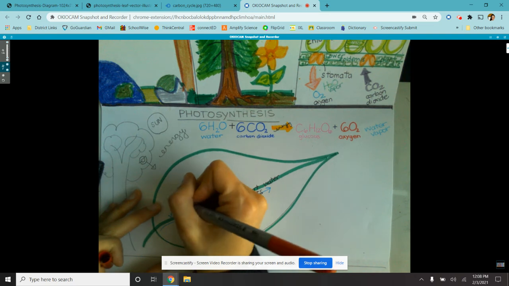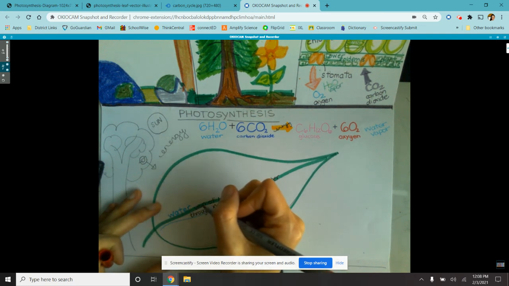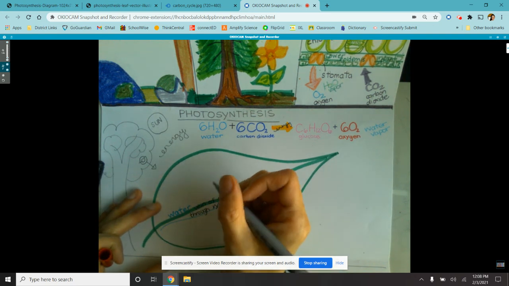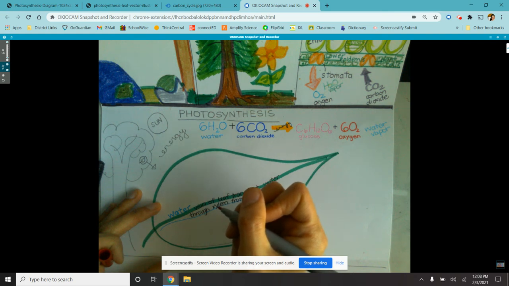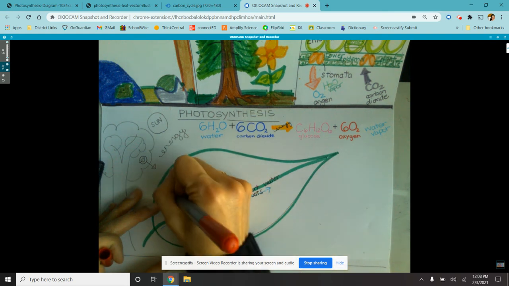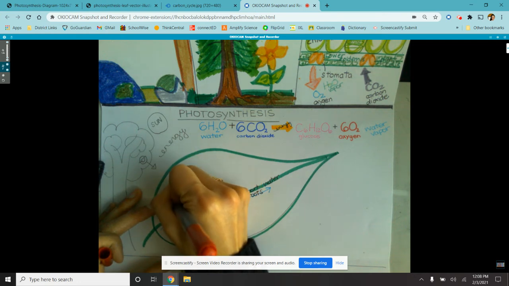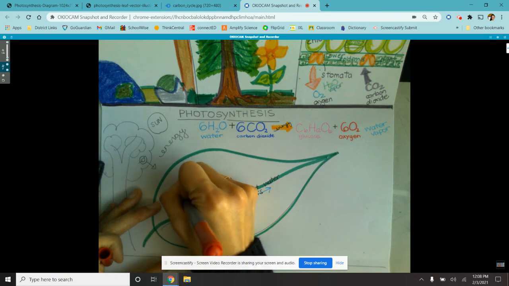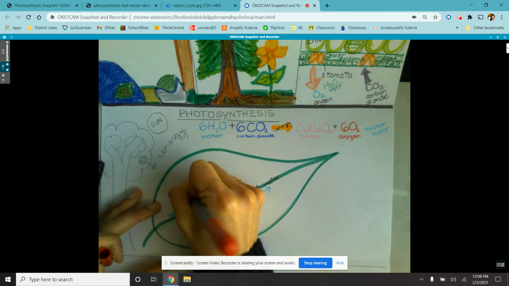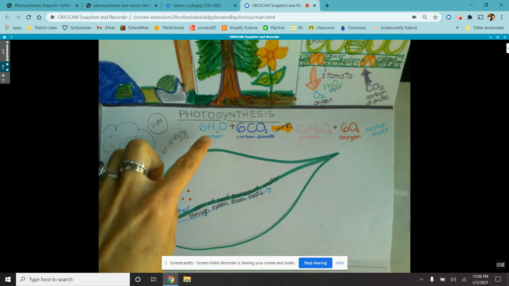So I'm going to draw 6 molecules of water. 1, 2, 3, 4, 5, 6. So we have 6 molecules of water.